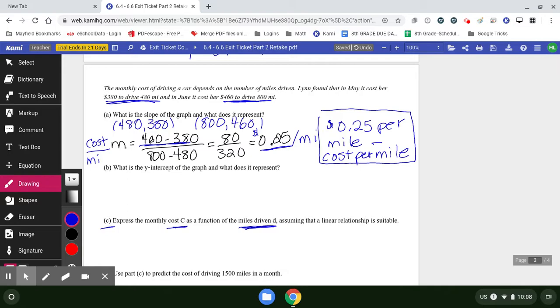So we'll use the first point again, 480 miles, cost $380.